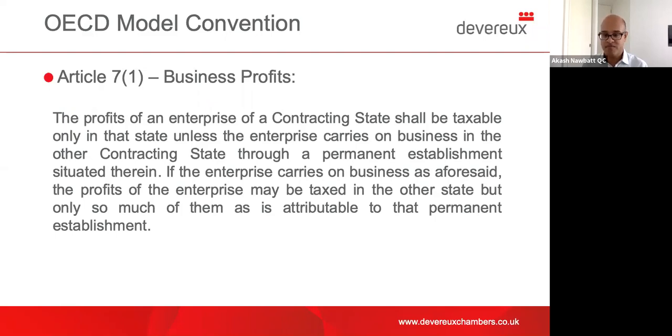Now, for an individual, how do you go about determining whether or not they have a permanent establishment? That is defined in Article 5, and that provides that if the individual provides services for more than 183 days in the other contracting state, then they will have a permanent establishment in that other contracting state.